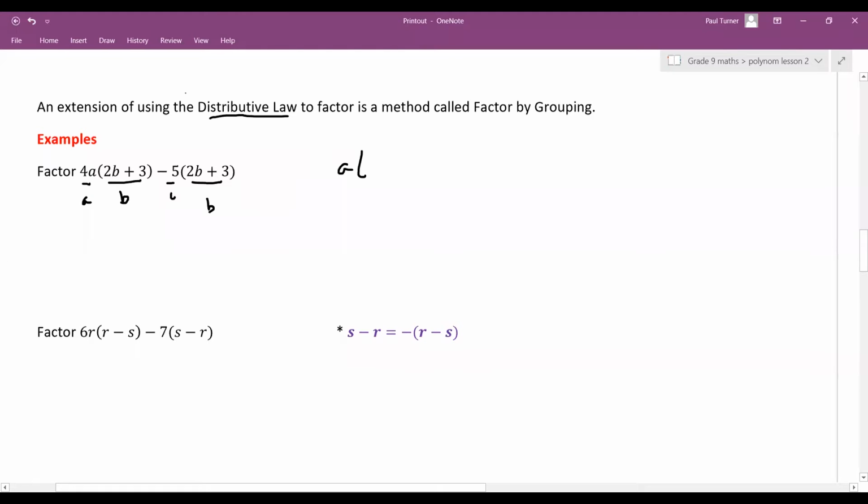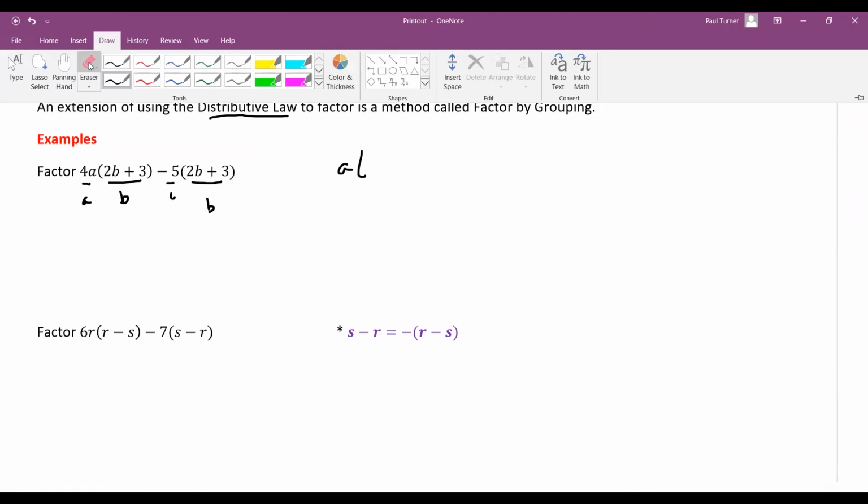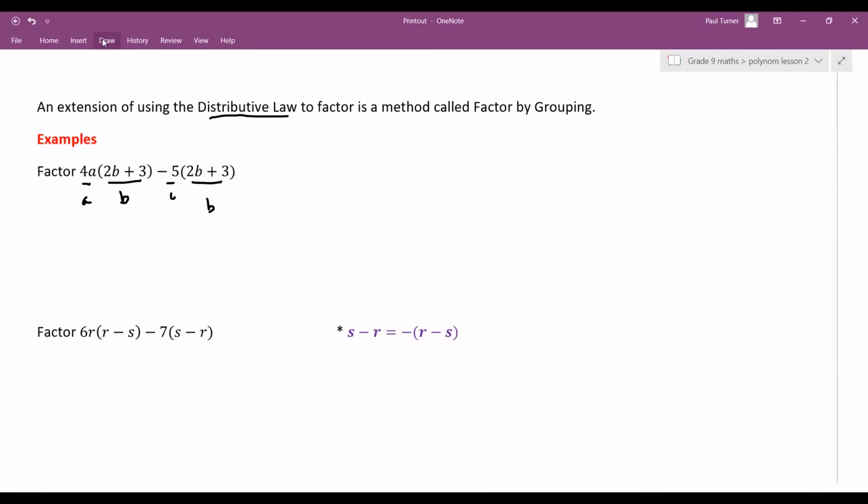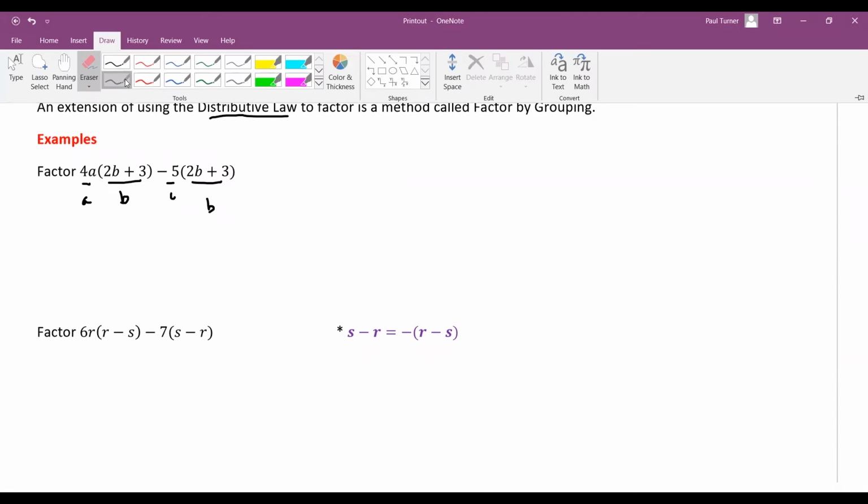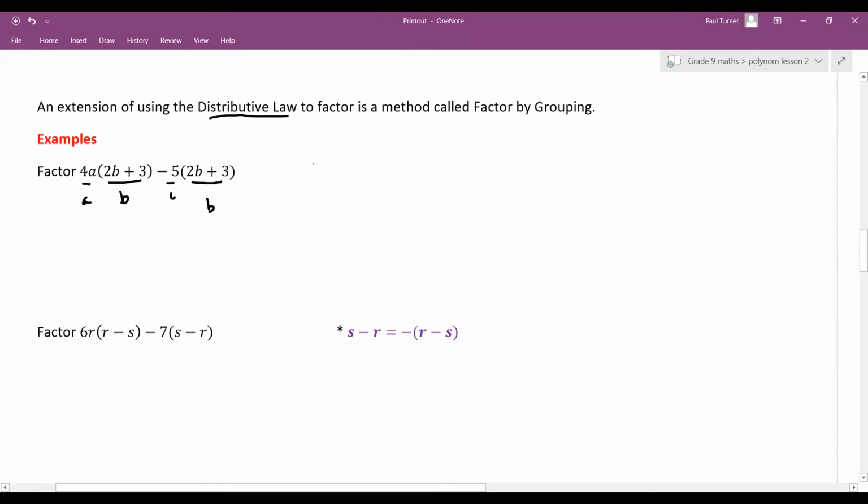So let's rub that out first. So that's like saying from the distributive law, AB minus CB is B(A minus C).